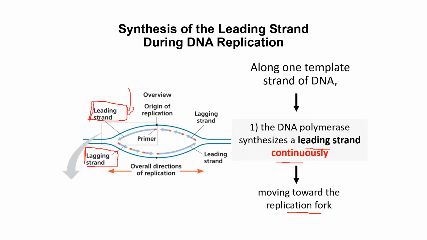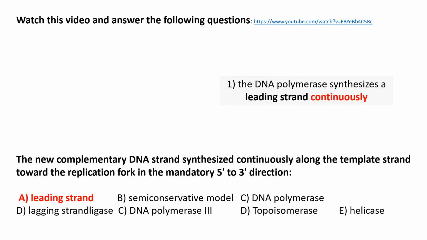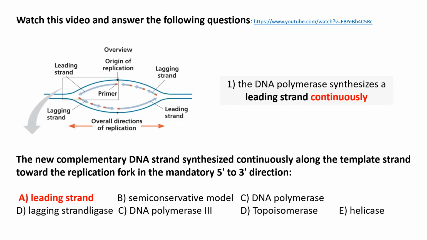So this is the correct answer. On the other hand, the lagging strand is not continuous. If you see, it's broken, and it moves away from the replication fork. So remember, this is the replication fork and it's moving in the opposite direction. So the answer, very easy, is this one, and the other answers are incorrect.